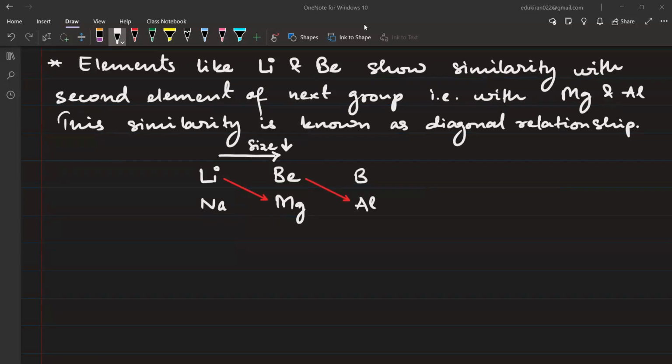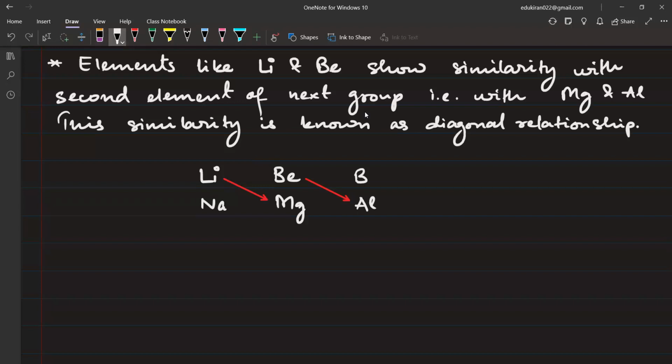Left to right, if I go in a period, the size will decrease. And what will happen if I go in a group top to bottom? Then the size will increase. अगर आप बेरिलियम से देखें तो बेरिलियम से लिथियम में भी साइज इंक्रीज हो रहा है, बेरिलियम से मैग्नीशियम में भी साइज इंक्रीज हो रहा है. That is why they have similar properties. बेसिकली उनका एक रीजन क्या होता है, साइज में सिमिलरिटी एंड आल्सो सिमिलरिटी इन इलेक्ट्रोनेगेटिविटी.